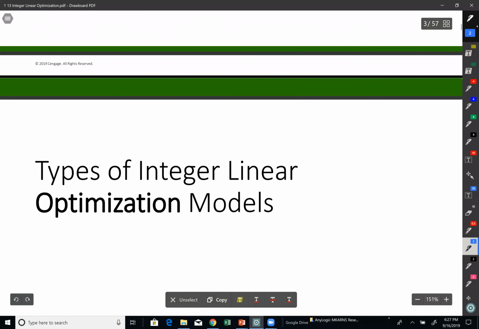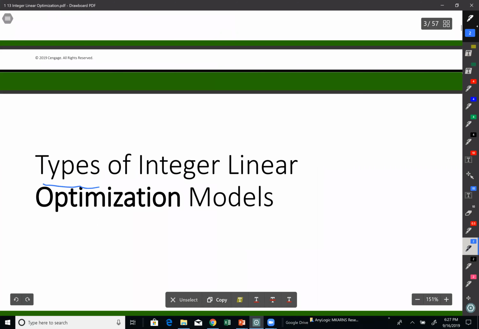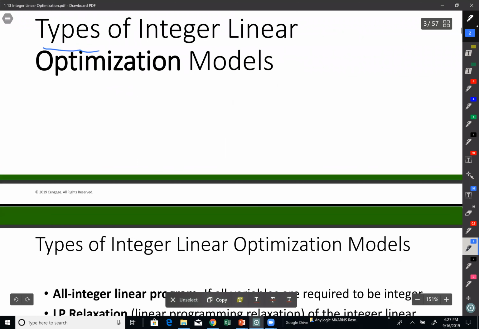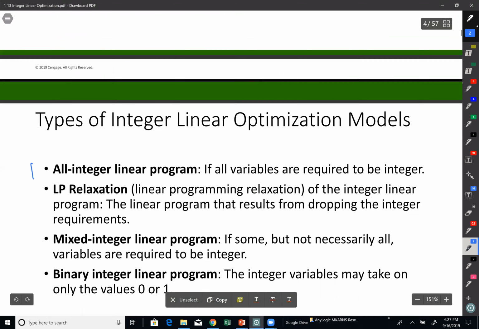So let's talk about types of integer linear optimization models. There are different types. One is all integer linear program, which means that all my variables are integer. Second is LP relaxation.